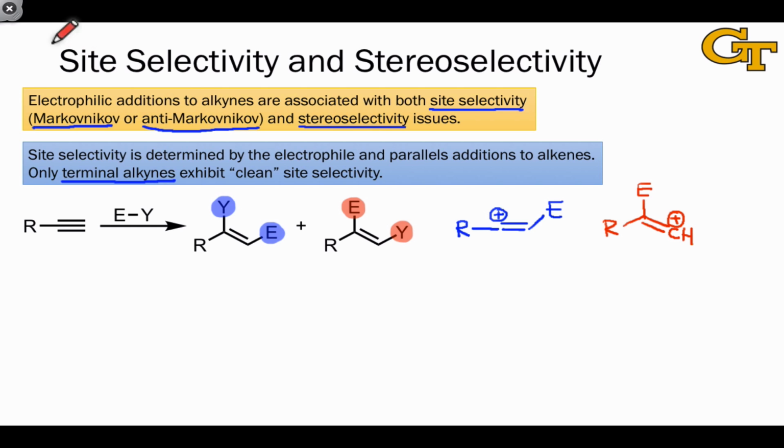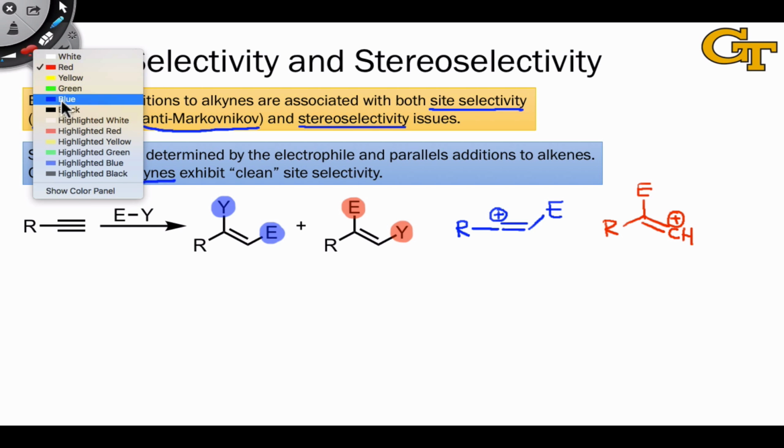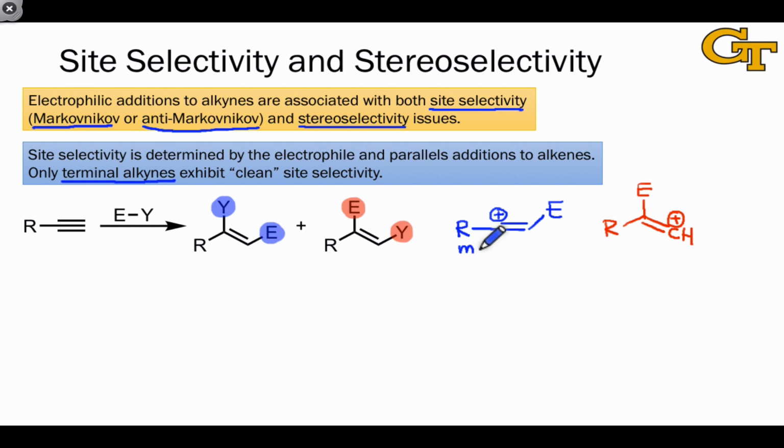Vinyl cations display the same stability trends that alkyl cations do, meaning that the more substituted vinyl cation, the one here shown in blue, is more stable than the less substituted vinyl cation. That makes the first product, highlighted in blue, the Markovnikov product, and the second product, highlighted in red, the anti-Markovnikov product.